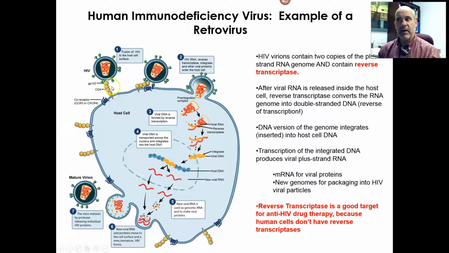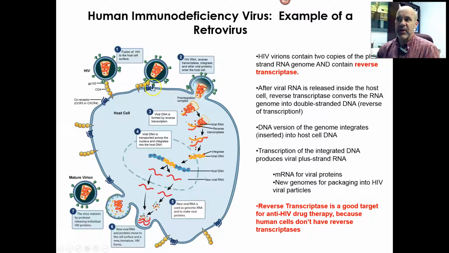Primarily, these molecules are located on a type of T cell or T lymphocyte, which we'll learn more about when we cover the immune system. So if cells in your body don't have CD4 on the surface, they're not going to become infected with HIV because there's nothing for HIV to stick to.